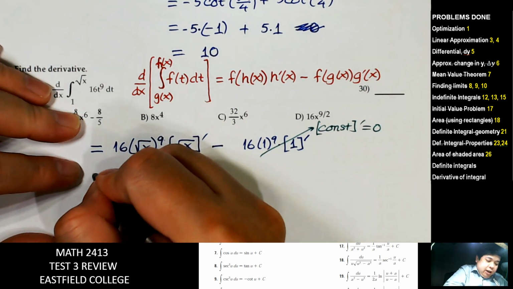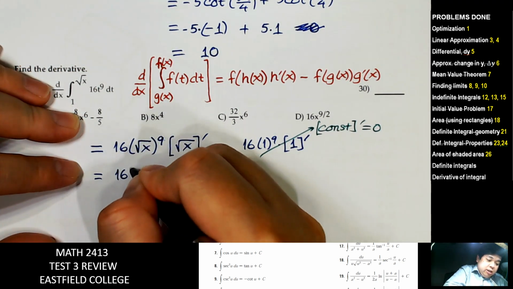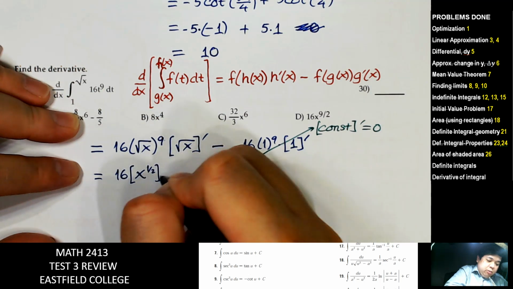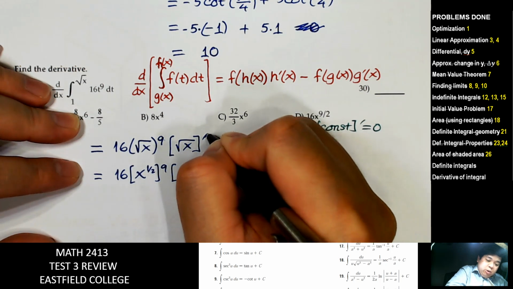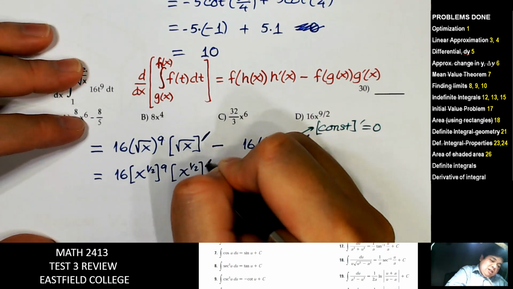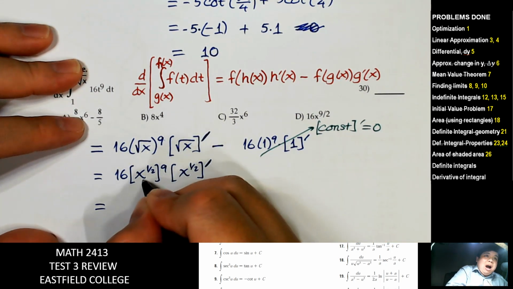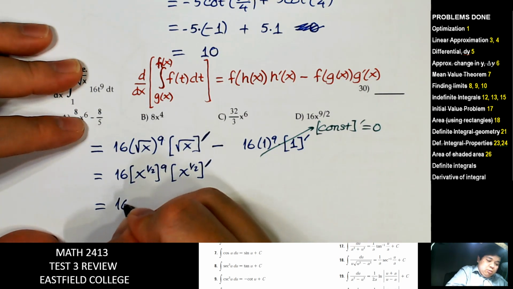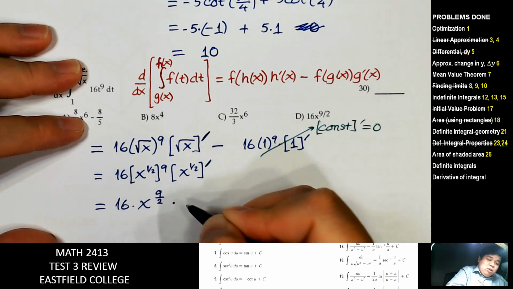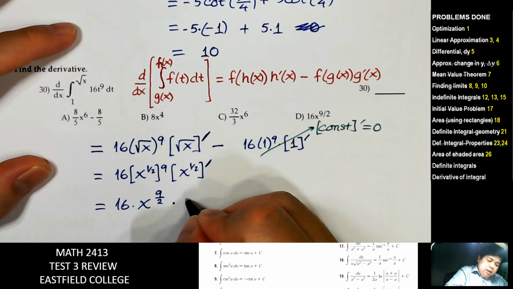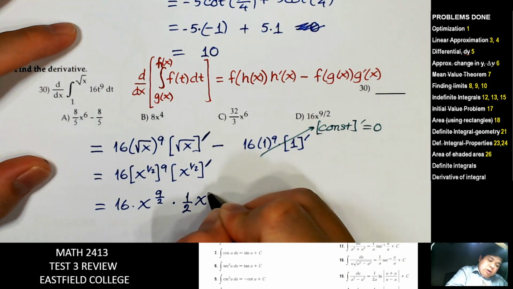Right. Let's rewrite a little bit. Square root of x is x to the 1/2, to the 9 power, x to the 1/2. We still have the derivative here. So power to power, we multiply those powers, and then we take the derivative, 1/2 x to the negative 1/2.